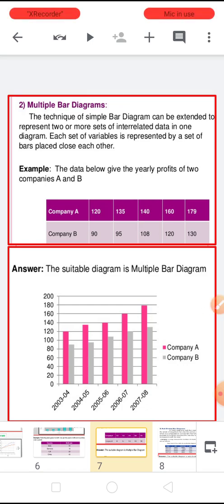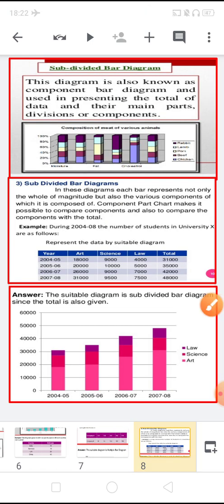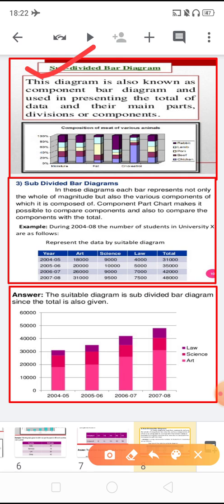We have the subdivided bar diagram. Now what is the subdivided bar diagram? Children, in subdivided bar diagrams, the bar corresponding to each phenomenon is divided into various components.